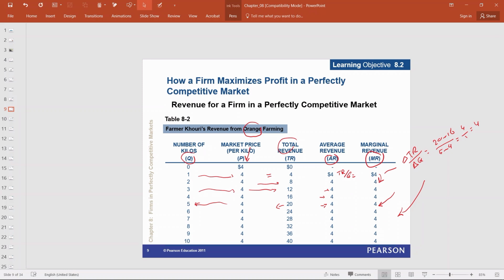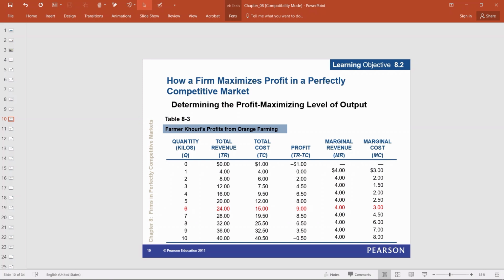Now we'll go to another table which also has information about cost, and we need to figure out the level of profit. So this is the quantity, and this is total revenue. We already figured it out and calculated it. Total cost, this information is coming from the example.